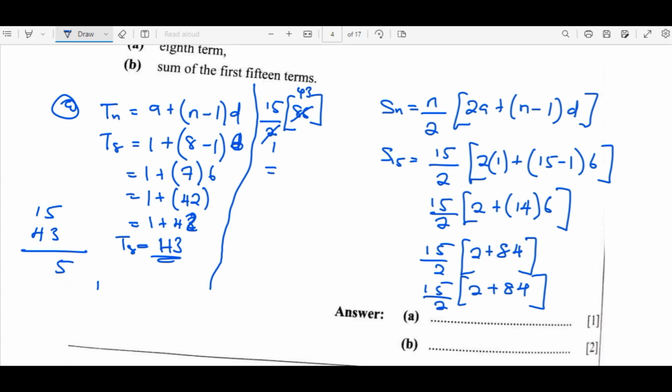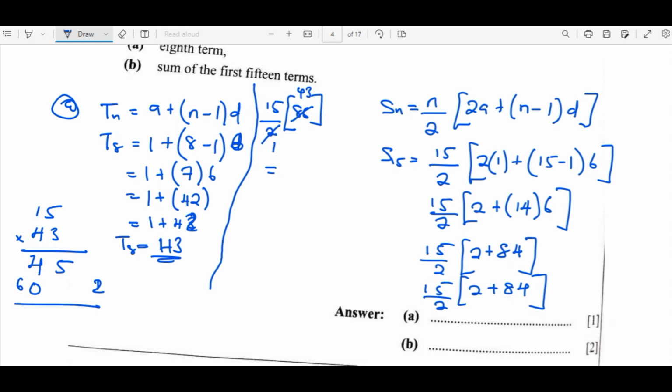So we write 5, and carry 1, and then 3 times 1 will give us 3 plus 1, so it will give us 4. Then 4 times 5 is 20, so we write 0 and carry 2, and then 4 times 1 will give us 4 plus 2, 6.